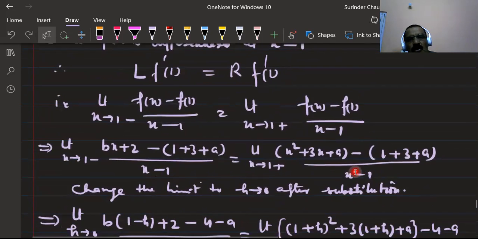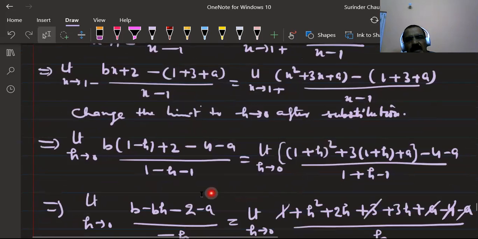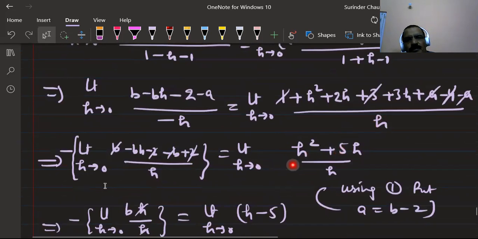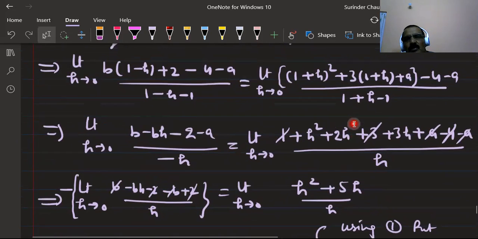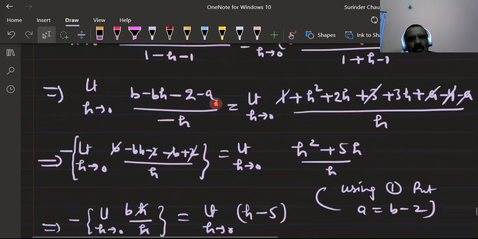After substitution, simplify, cancel out the common factor, and make the substitution, and a is equal to b minus 2.